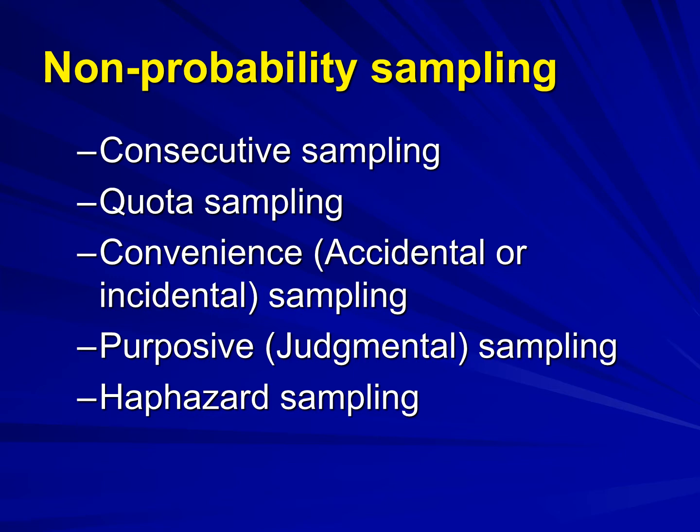Suppose you want to collect data from 100 people, so you will pre-decide that you are going to collect the data from 50 males and 50 females. That is a type of quota, and as the day goes, whatever patients come to your OPD, you will select 50 males and 50 females, and you will fill up your quota of males and females. That is called quota sampling.